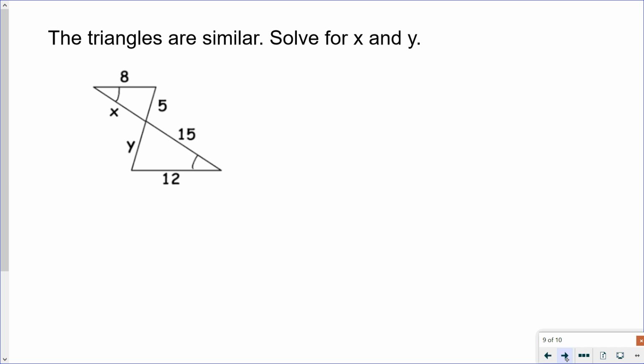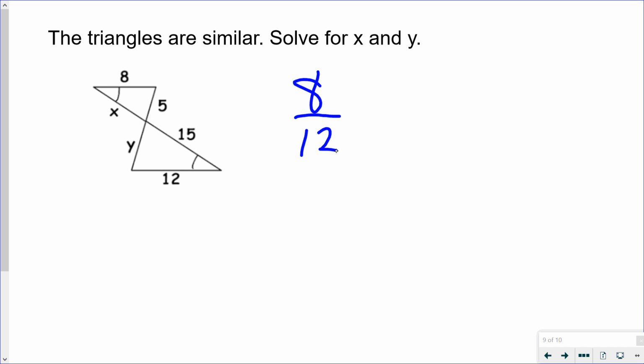Now these two triangles are attached, and they are attached by one point in the middle. We want to find the values of x and y. So think about taking the triangle that is labeled with the x, the 5, and the 8, and rotating it 180 degrees, either clockwise or counterclockwise. If we do that, then 8 is going to correspond to 12.